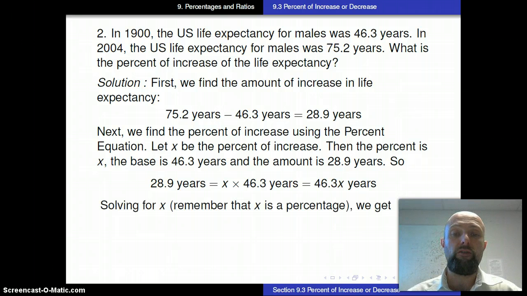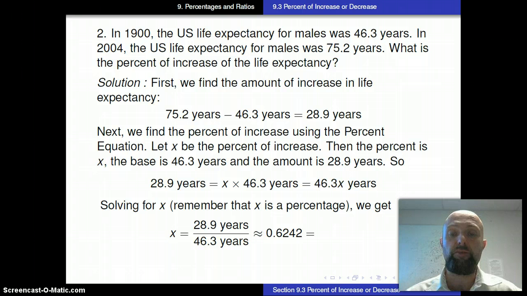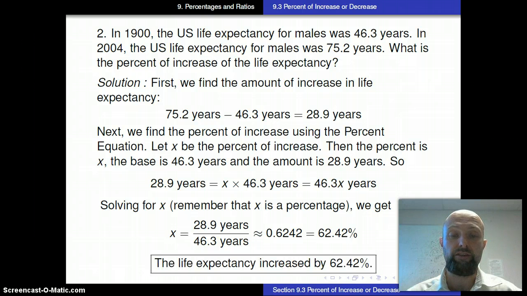Solving for x, remember that x is a percentage, we get x is 28.9 years divided by 46.3 years. Notice that years cancel out, and we get 0.6242. Converting this to a percentage by multiplying by 100 and inserting the percentage symbol, we get 62.42%. So the life expectancy increased by 62.42%.